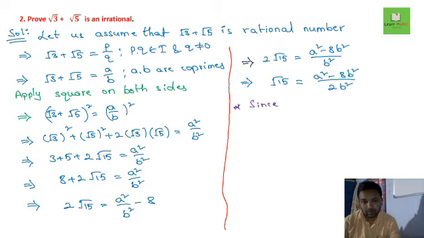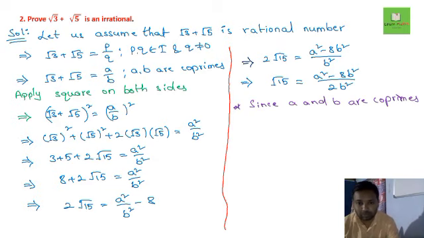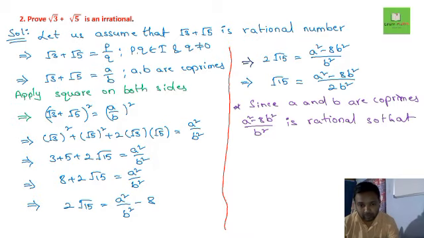Since a and b are coprimes, a square minus 8b square by b square is rational. So that root 15 is rational.